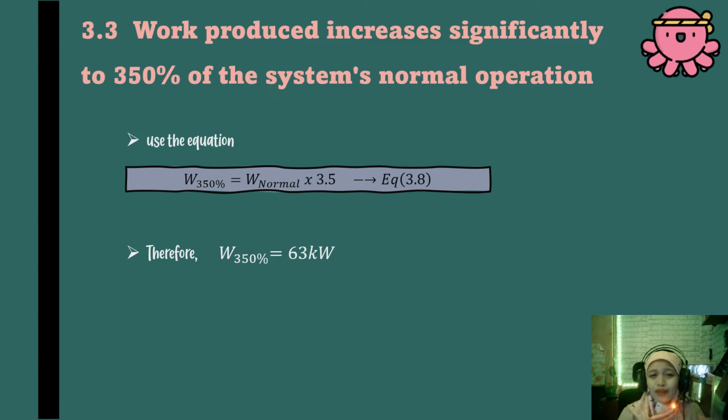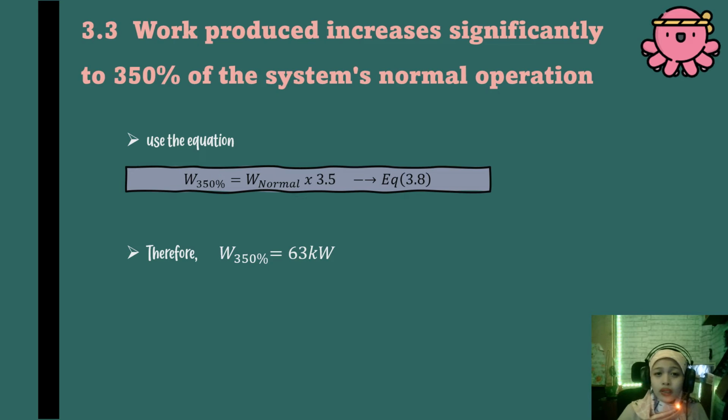Next, for our group to know how much the work produced increased to 315% of the system normal operation, we use the equation below: W for 315% equals W normal, which is the turbine work at system normal operation, 18 kilowatts, multiplied by 315% divided by 100%.